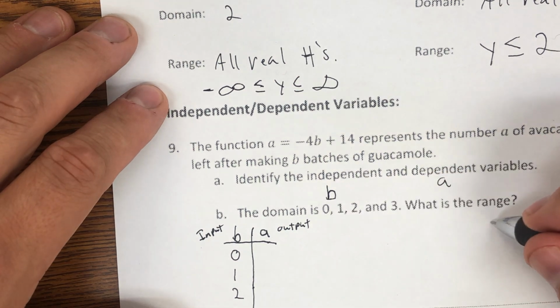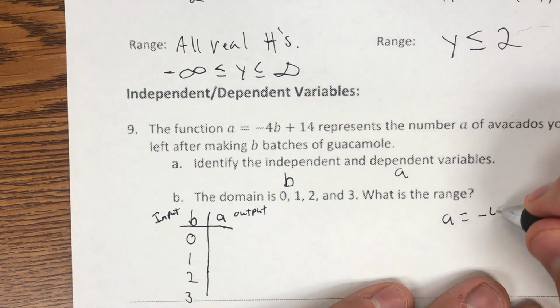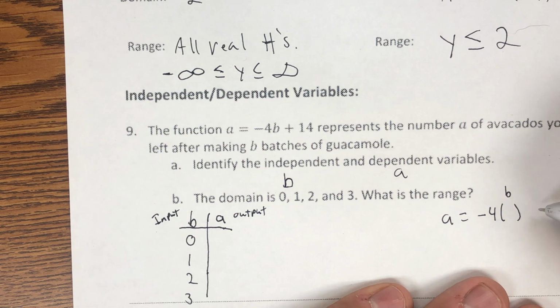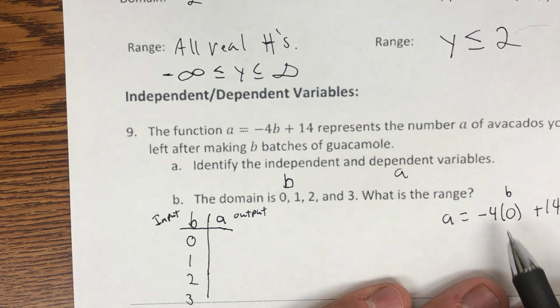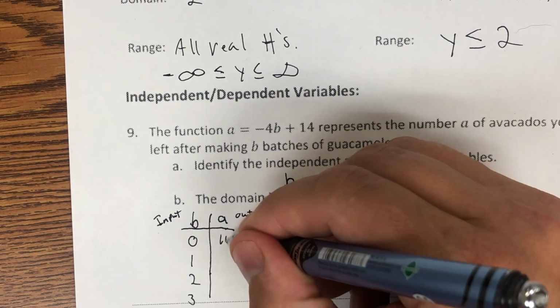So when I put in 0, A, the number of avocados left, is equal to negative 4 times the number of batches, B, plus 14. That means I'm starting with 14 avocados. If I make 0 batches, negative 4 times 0 is 0, so there are 14 avocados left.